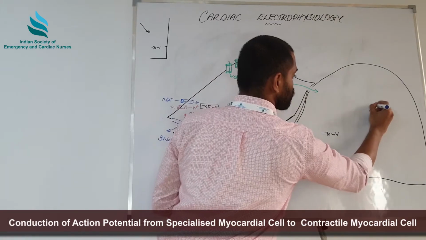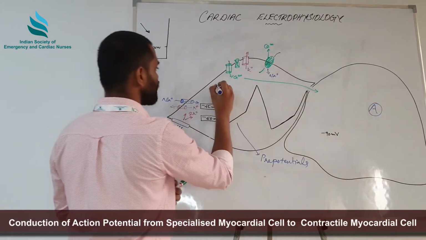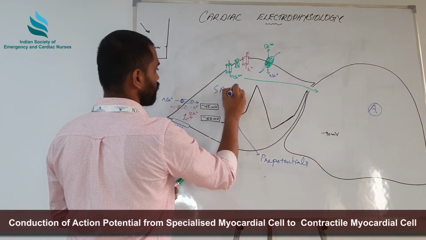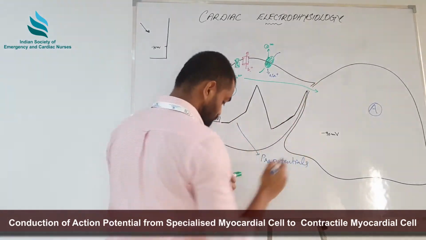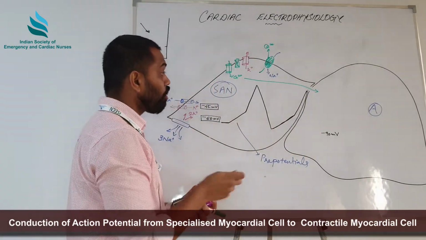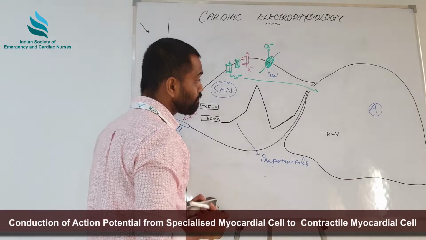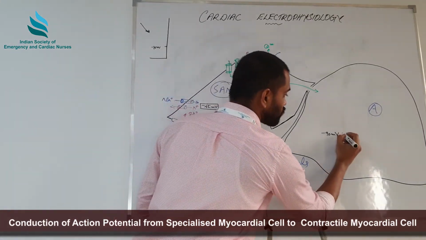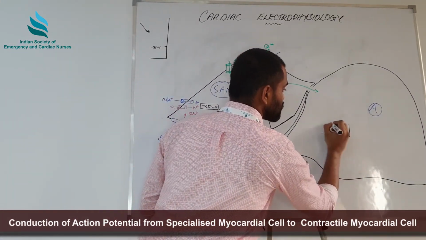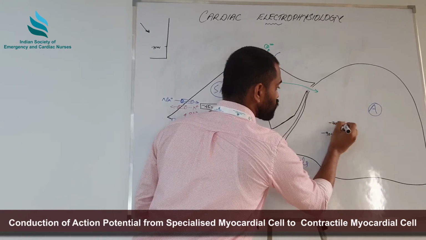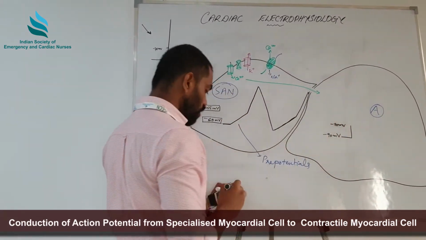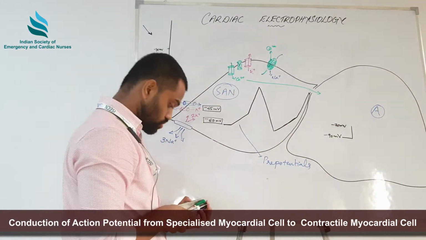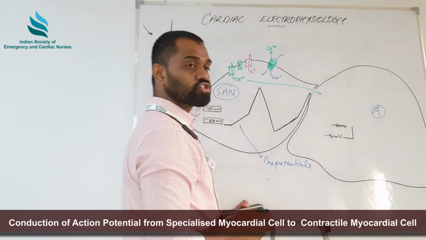So this is an atrial cell and this is an saNodal cell. It raises the resting membrane potential of this atrial cell from -90 millivolts to -70 millivolts, which results in opening of the voltage gated sodium channels, and the story goes on.